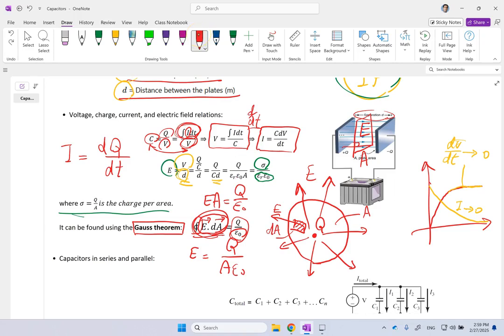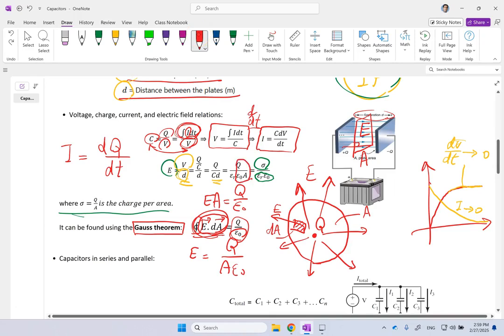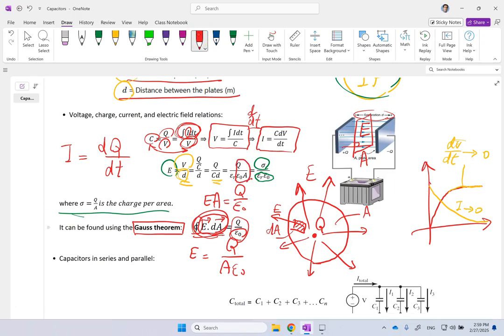You might say, what about that epsilon R? Well, this Gauss formula that we used assumes that inside this area is vacuum. There is nothing. If I fill it with a dielectric, then I have to add an epsilon R in the denominator as well. So it's going to be like that.